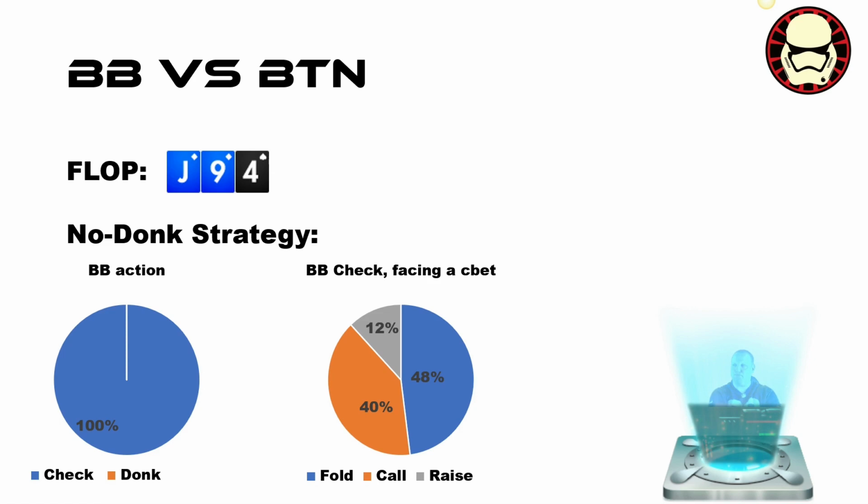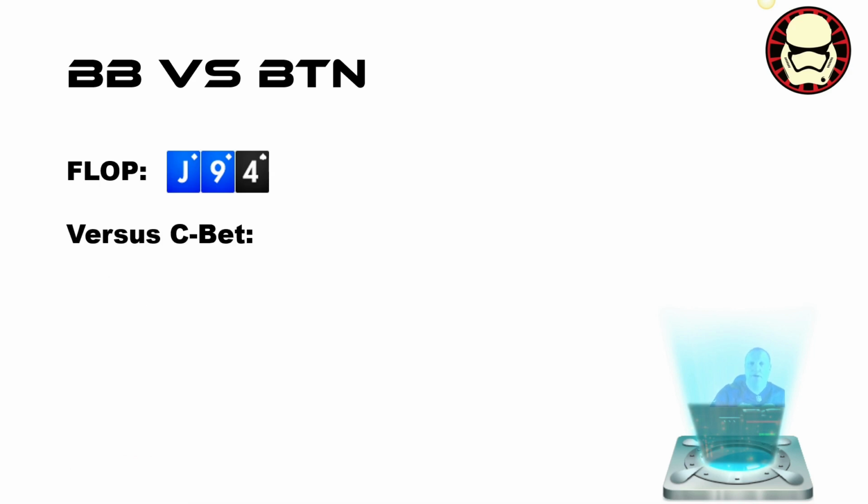But that's how it goes. So if you have built up some kind of check-raising range, then the frequencies stay the same. We're not going to the actual hands. That would make this video very long. So we're scratching the surface. All right, versus c-bet.